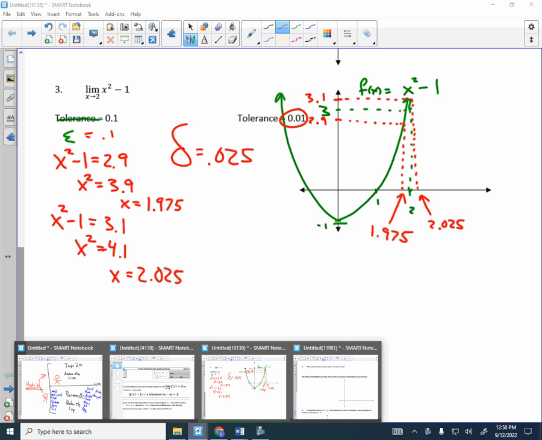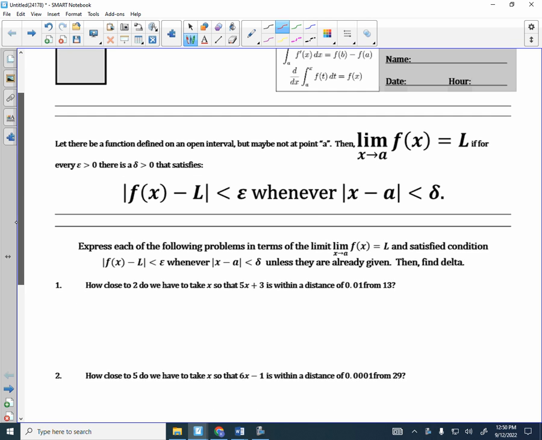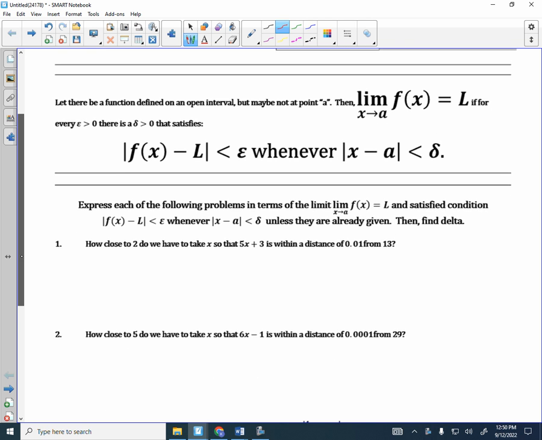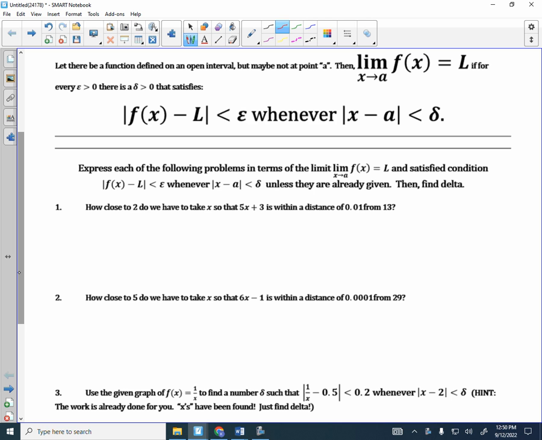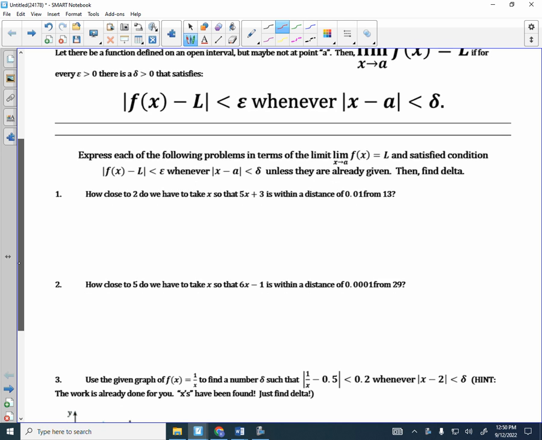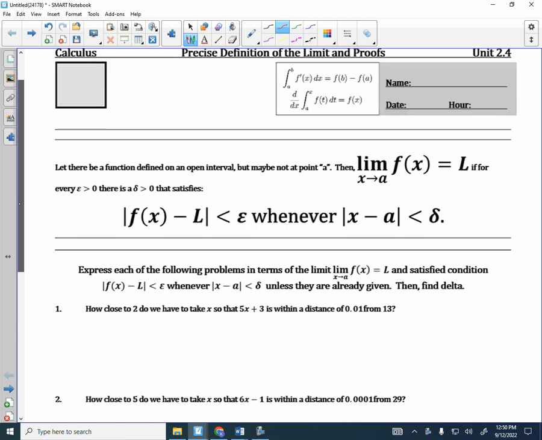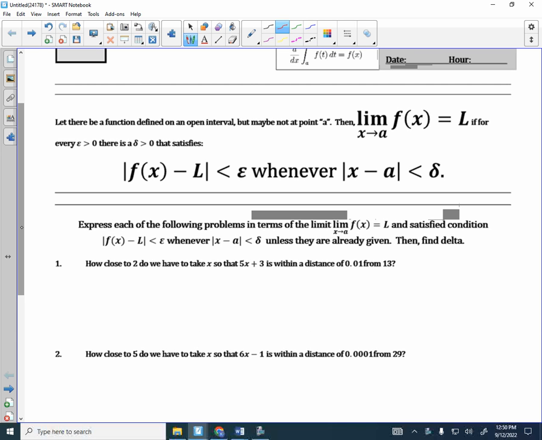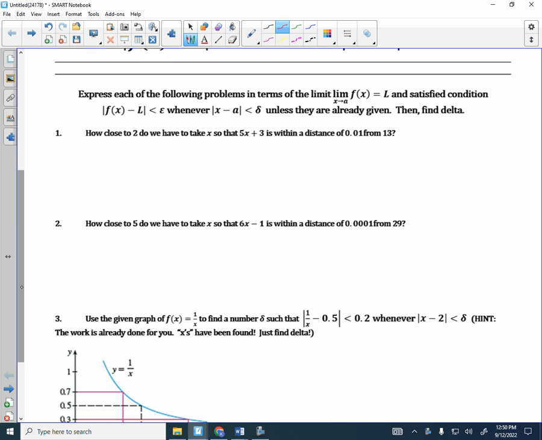Okay, flip to this worksheet right here. Okay.